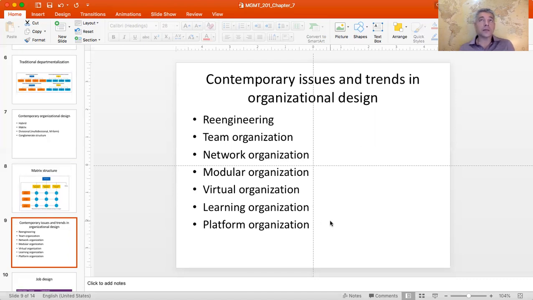Finally, I want to talk about the platform organization. And this is something that is extremely recent by the management standards. Think about companies like eBay or Uber or Lyft. They do not own what they sell, right? They are simply platforms that bring together buyers and sellers.